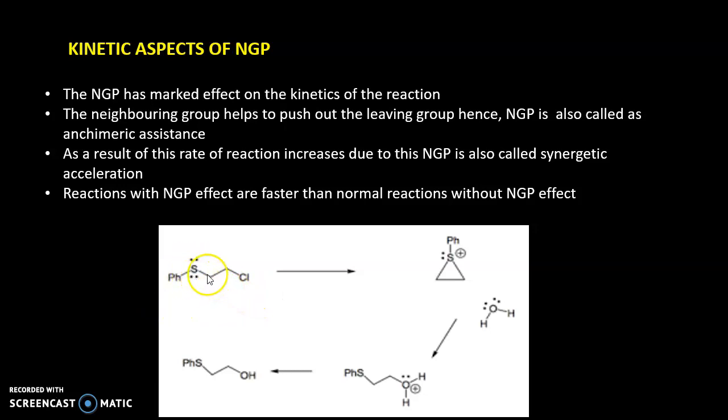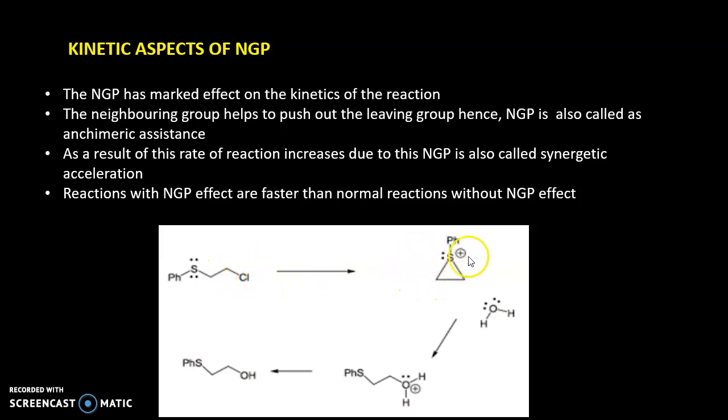Now this sulfur is the adjacent group. It is a neighboring group. It has a lone pair of electrons. So it attacks on this carbon. Due to this what happens? It gets the driving force to remove this chlorine. This is the leaving group. Okay. So sulfur attacks on this carbon and chlorine goes away.